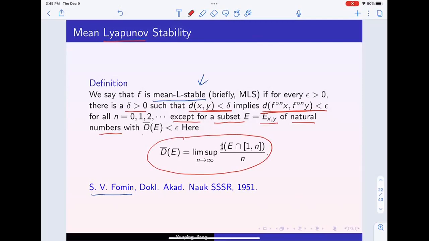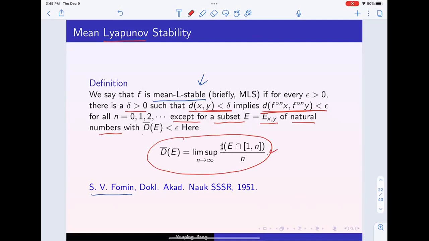So this is almost equicontinuous, though saying almost is not really accurate. Except on the set E, it is equicontinuous, but on E things could be very crazy or very large. The point is that the density of E in the natural numbers is less than epsilon.